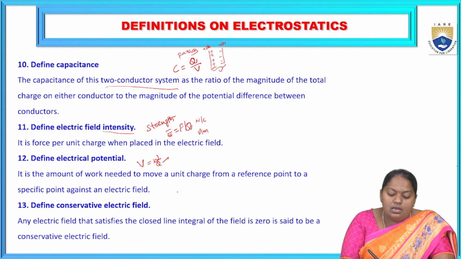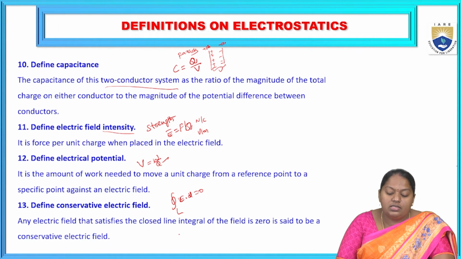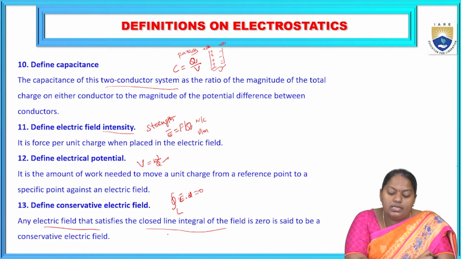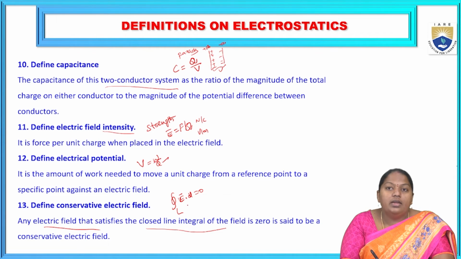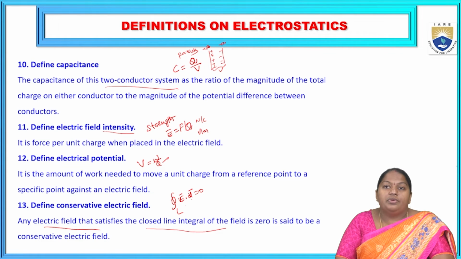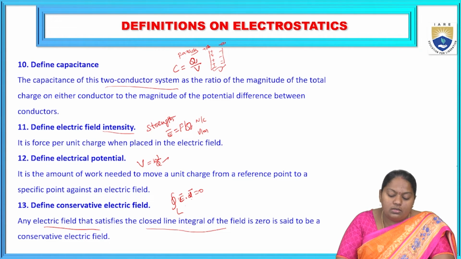The field component, related to electrostatic fields, we represent with E. A closed line integral of the electric field intensity, the contour integral of E bar dot dl bar equal to 0, is said to be a conservative electric field. This is the integral form.